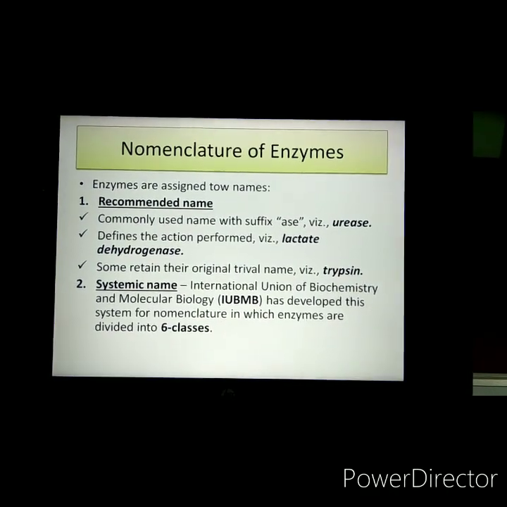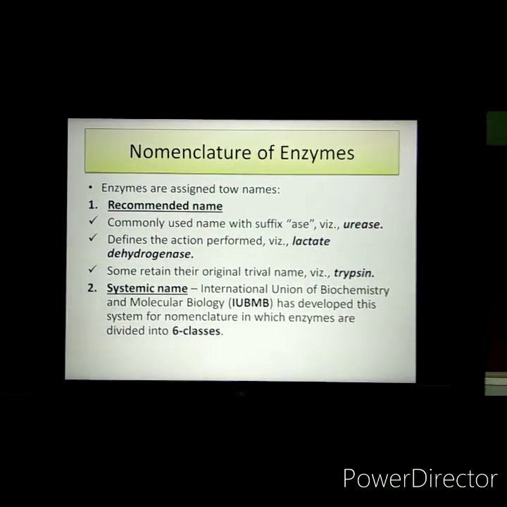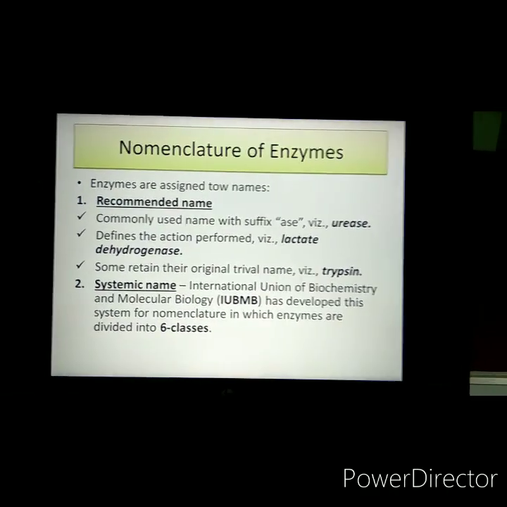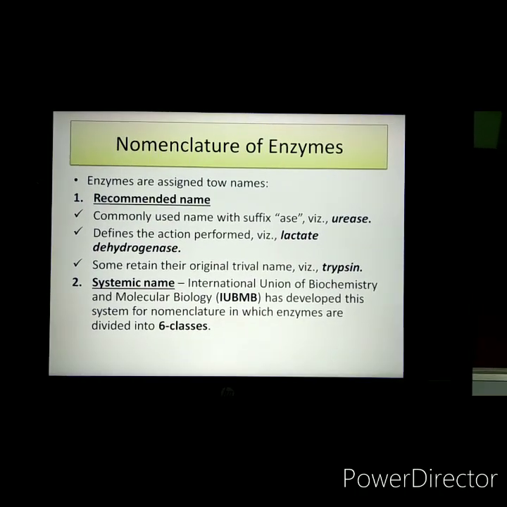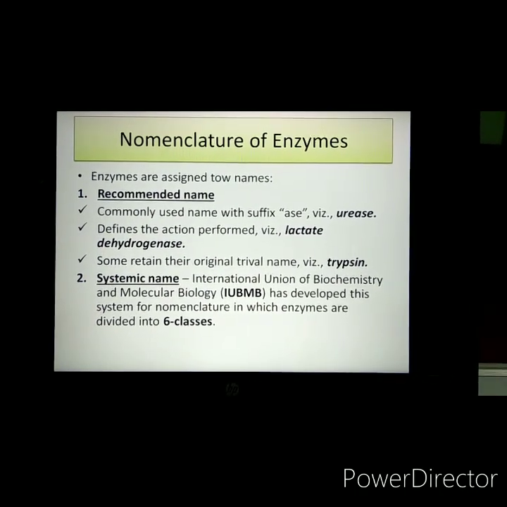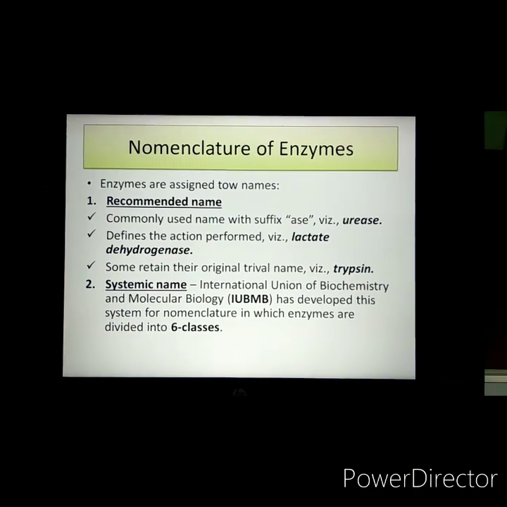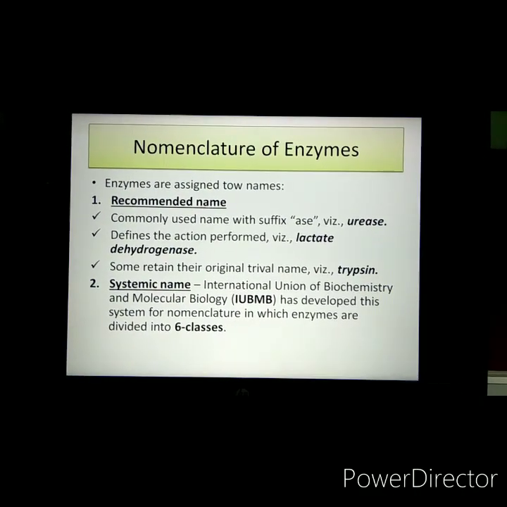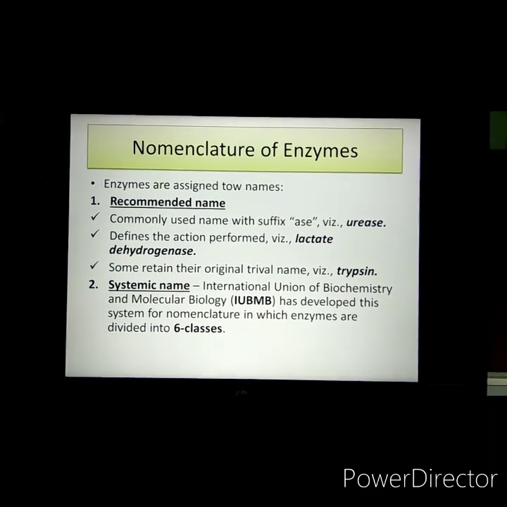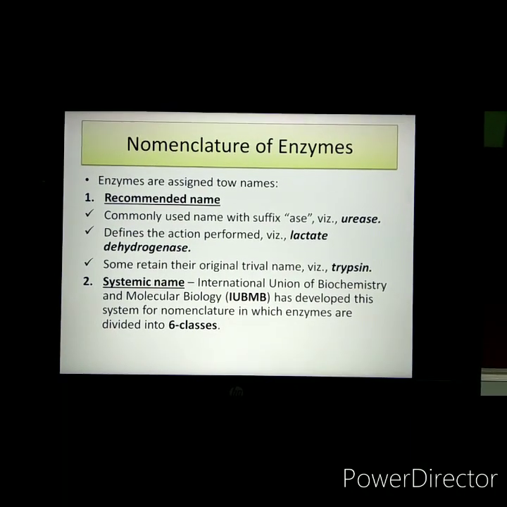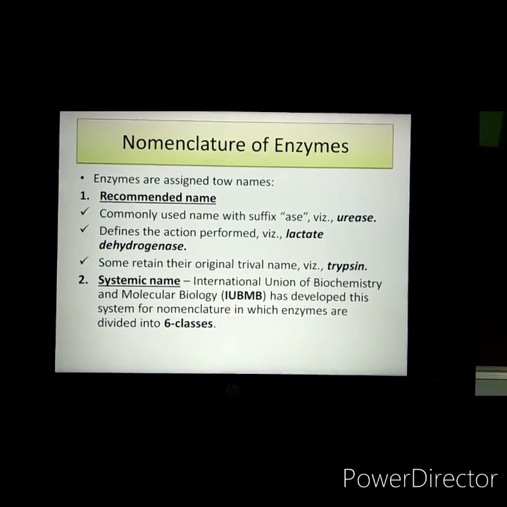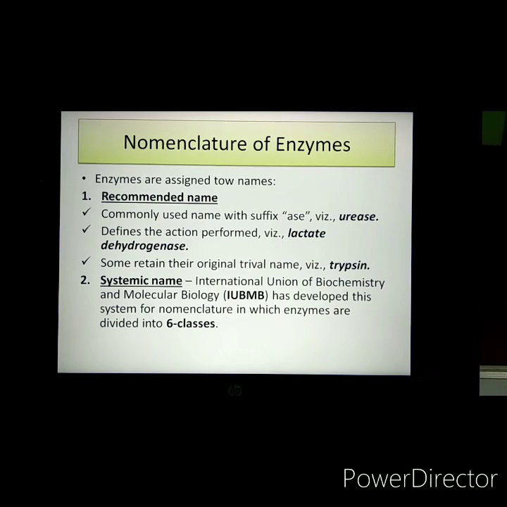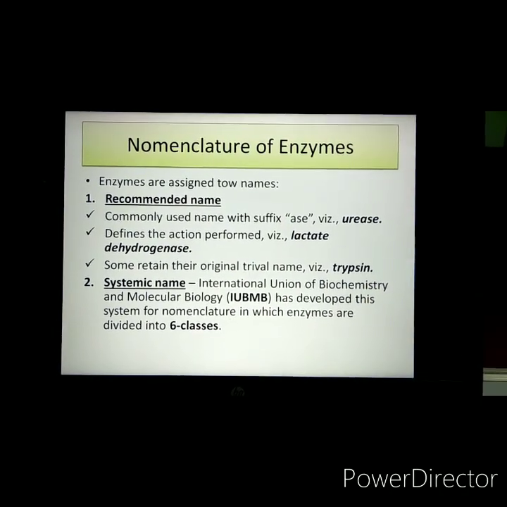Next is nomenclature. We have seen that the nomenclature of enzymes can be divided into recommended names as well as systematic names. These recommended names are commonly used and they do not define exactly the activity of enzymes. But the systematic names have been defined by the International Union of Biochemistry and Molecular Biology.